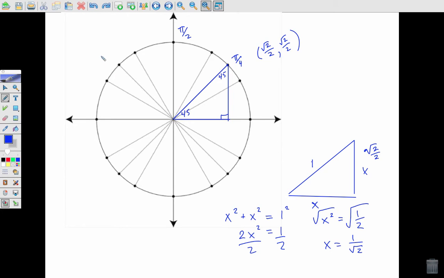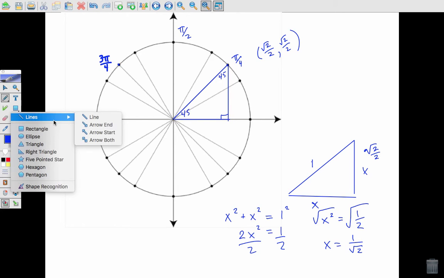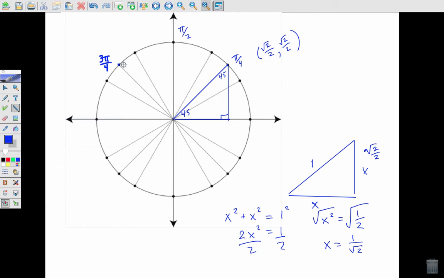The terminal point 3 pi over 4, which is right here, is going to have the same y value as pi over 4, and it's going to have an x value that is negative. So the terminal point is going to be negative root 2 over 2, comma root 2 over 2.